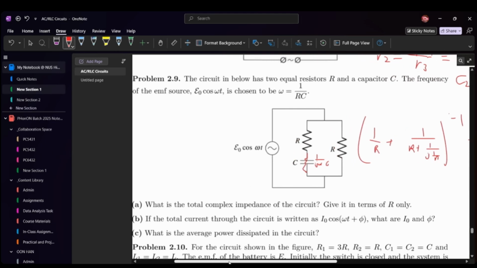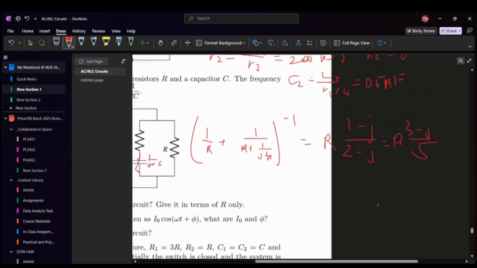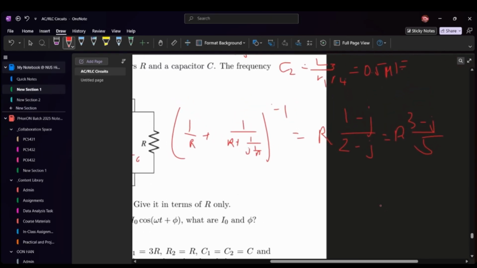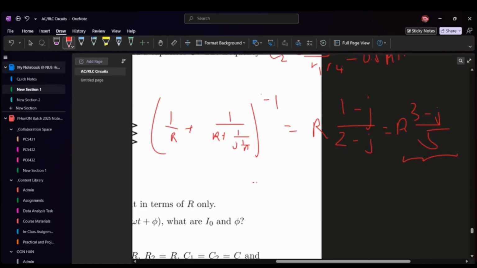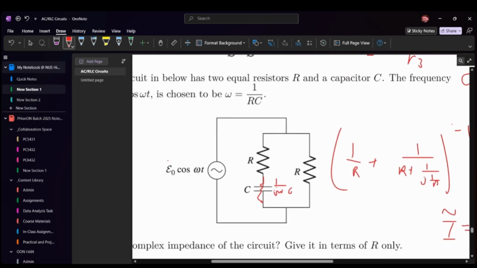Then the next question says, if the total current through the circuit is written as this, what are I naught and phi? This one is just applying your phasor knowledge. So this is your impedance. Your I represented as a phasor is your V represented as a phasor over your impedance Z. So this as a phasor is just epsilon naught.